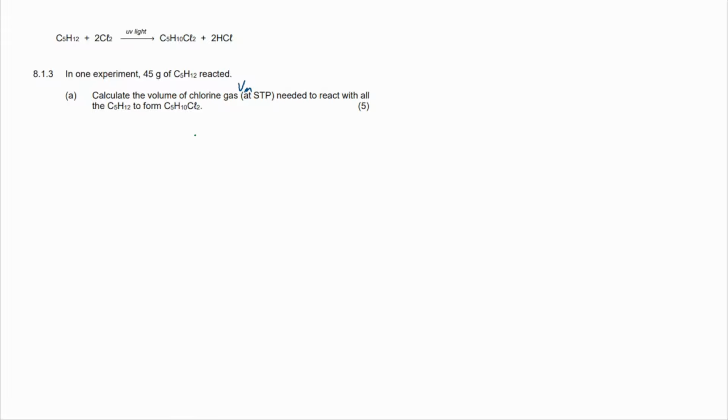When in doubt, mole it out. They give us a mass here. Let's work out the moles of this, then get the moles of chlorine, and then convert that to a volume. It's the classic: you have a bunch of things like mass, volume, whatever, you work out moles, use a mole ratio, work out moles, and there you can go to concentration, volume, mass, a whole bunch of other stuff. That's our general process.